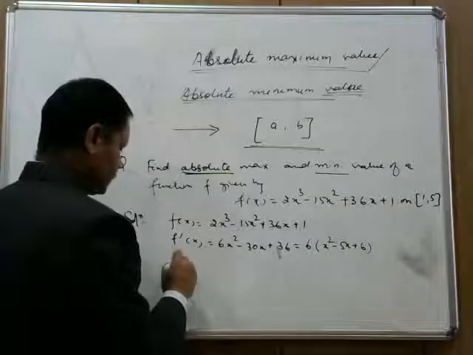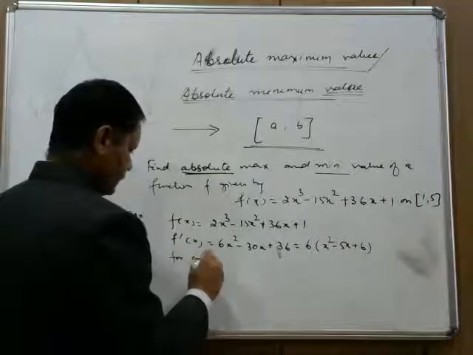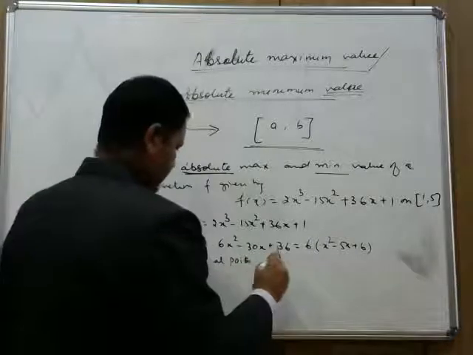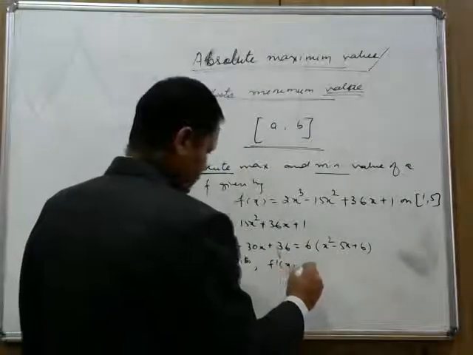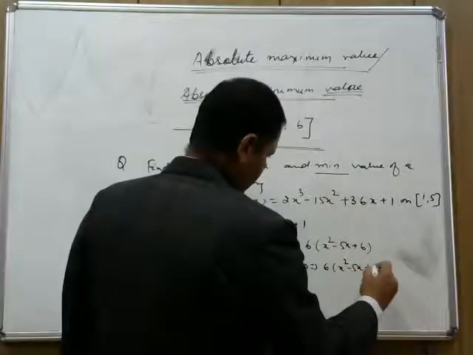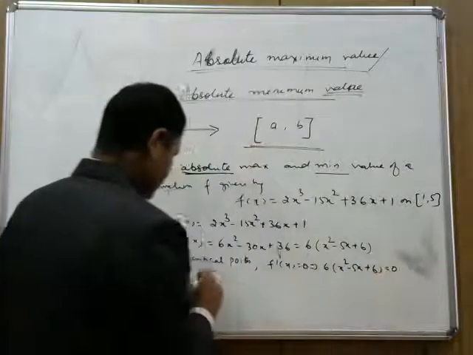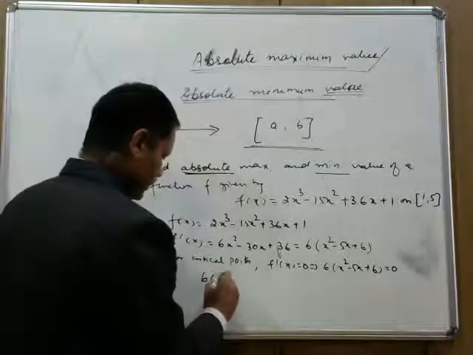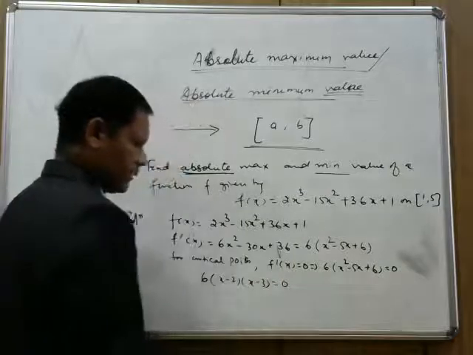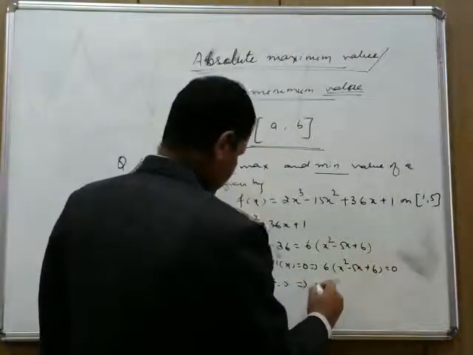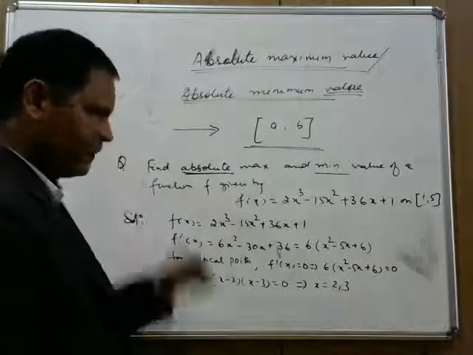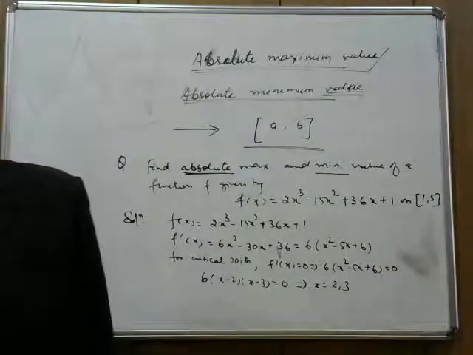For finding the critical points, we put f dash of x equal to 0. It implies that x square minus 5x plus 6 is equal to 0. If you factorize, you will get x minus 2 times x minus 3 equal to 0, therefore it gives you x is equal to 2 and 3.